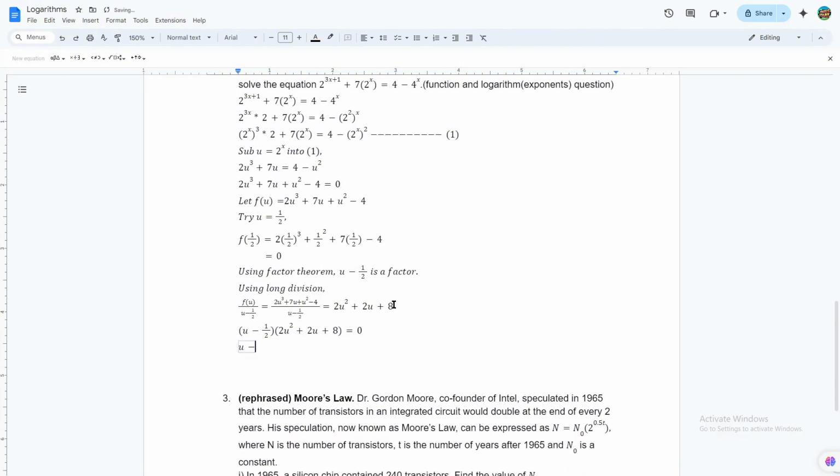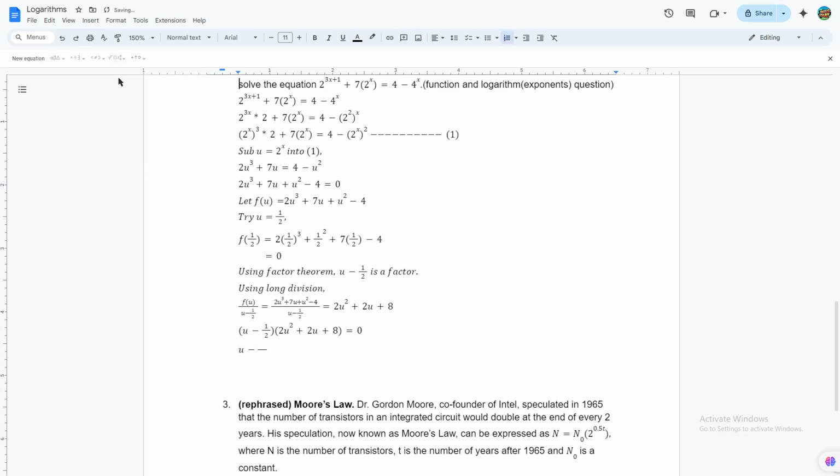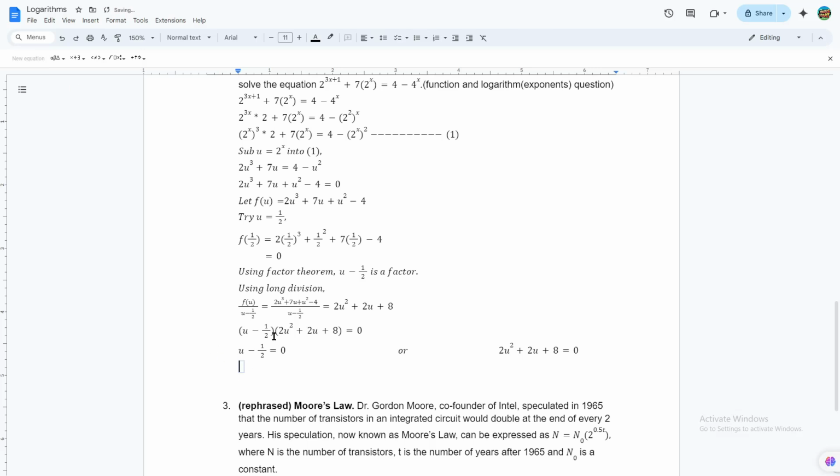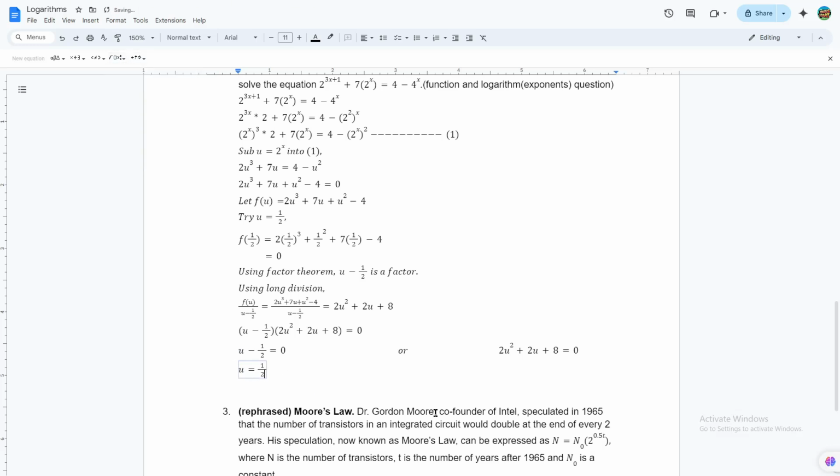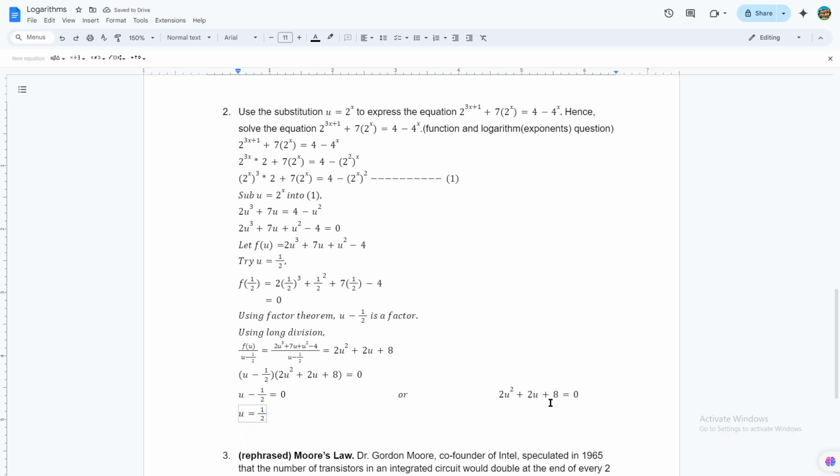So u minus half equals 0, or 2u to the power of 2 plus 2u plus 8 equals 0. So this first part is easy. u equals half.